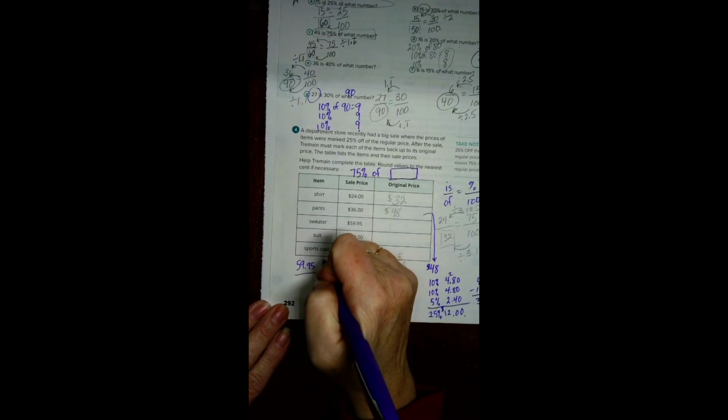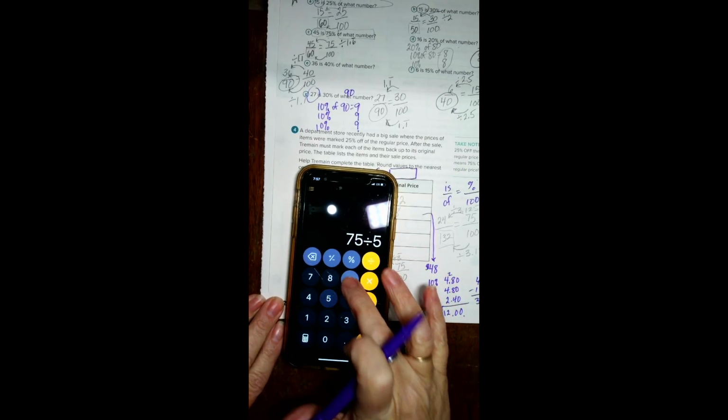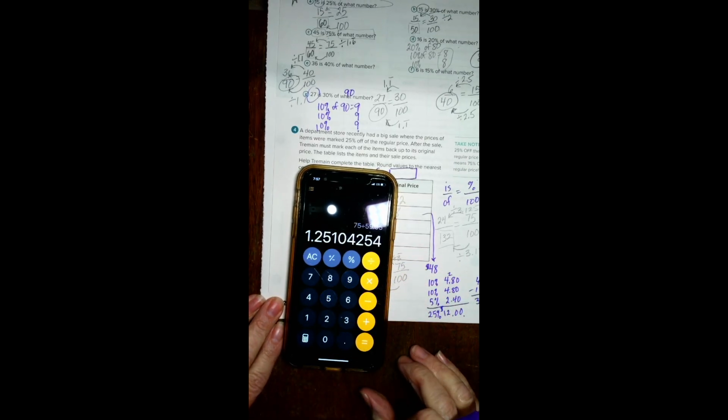Okay, $59.95. So $59.95 is 75% of something. How do I go from 75 to $59.95? 75 divided by $59.95.